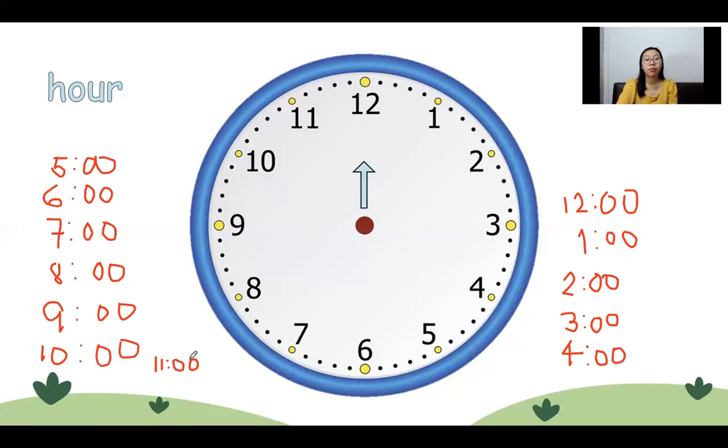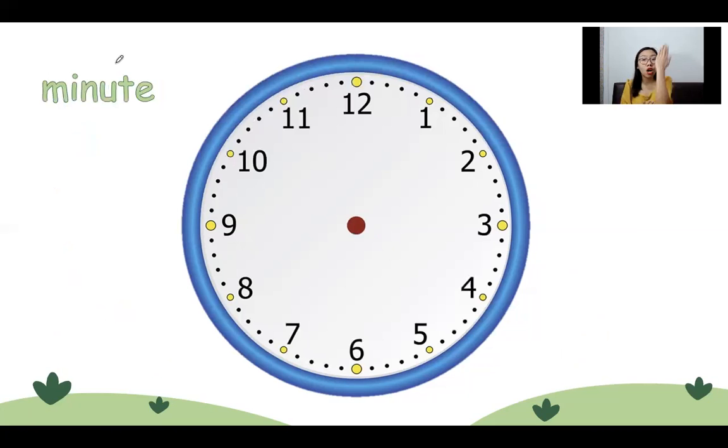And 12 again. Okay, now so we use the short hand to tell the hour. And when you write time, we have it like this, 11:30, for example. So this first number is the hour. Okay? All right, so let's try to look at the long hand.